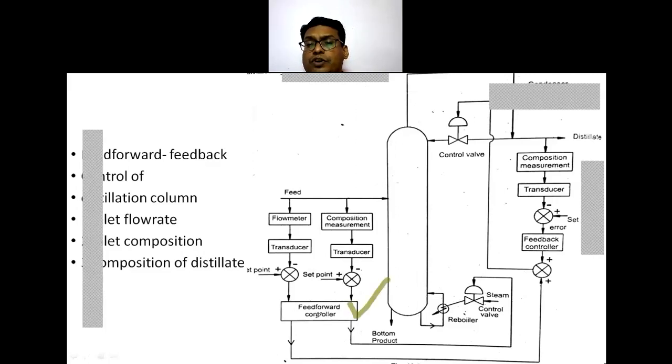So this is the feed forward controller and this is the feedback controller that is available. The feed forward controller receives the signal from the two measurements, and the feedback controller receives the signal from the outlet composition.